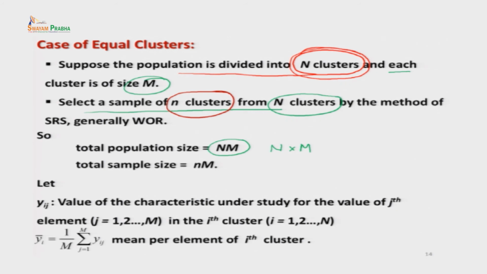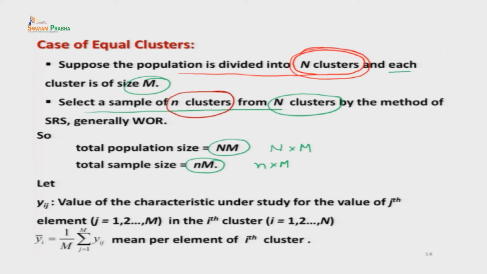So the size of the final sample, that is the total sample size, will be small n clusters, and every cluster is of size capital M. So the total sample size becomes small n into capital M.